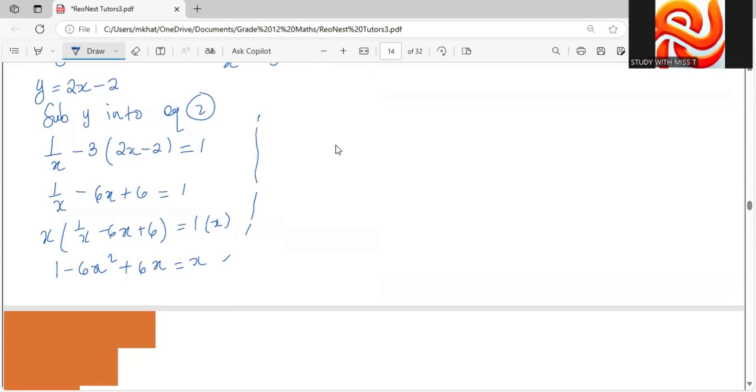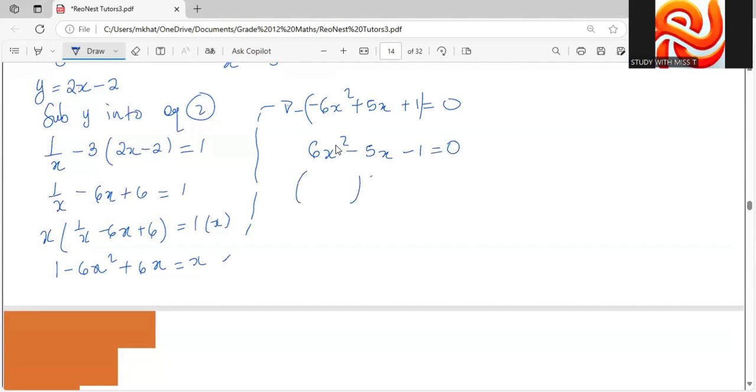Just write it on the side. So it's going to be negative 6x squared plus 5x plus 1 equals 0. Another thing is that your a always has to be positive, so I'm going to multiply both sides by a negative. So I'm going to have 6x squared minus 5x minus 1 equals 0.